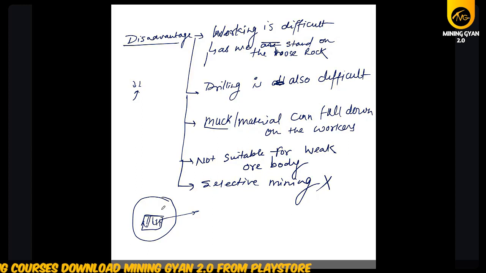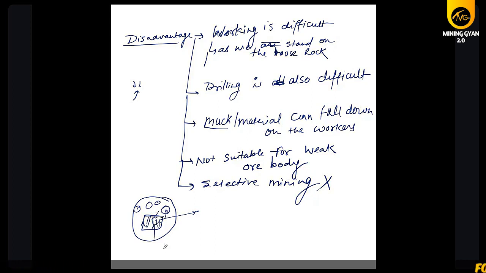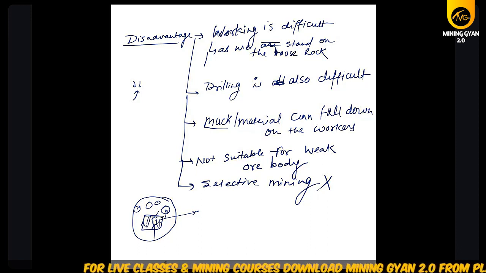This is selective mining. Like if this material is good in quality, we extract these and leave this one. So maybe you have understood what is selective mining. Means some part we can extract and some part we can leave it.